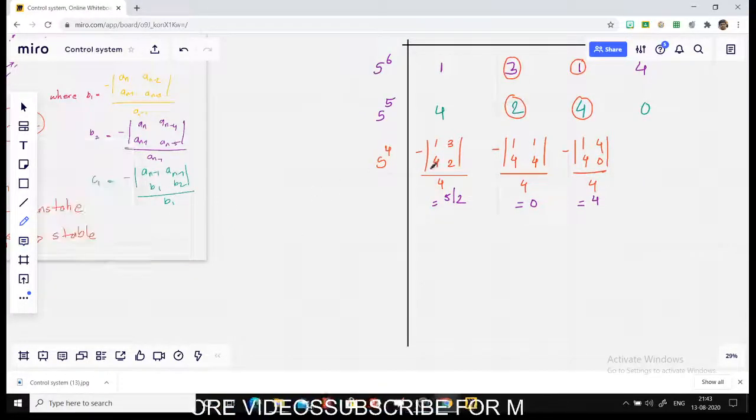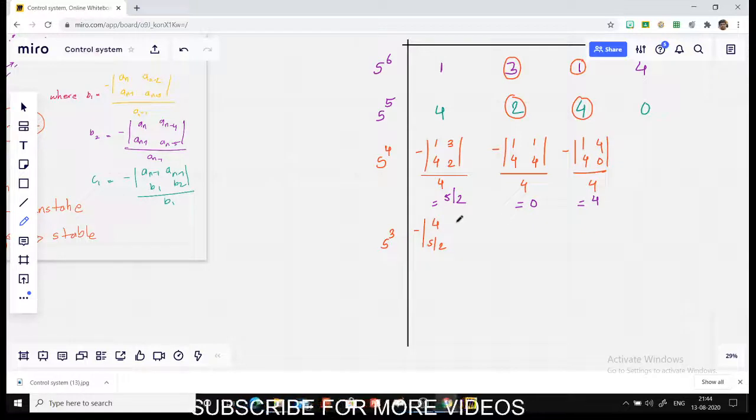Now continuing, you go with s raised to 3. It will be a combination of these terms, that is 5 minus 4 divided by 5 by 2. I will write the determinant for this case and then continue with direct values. This will be 4 upon 5 by 2.